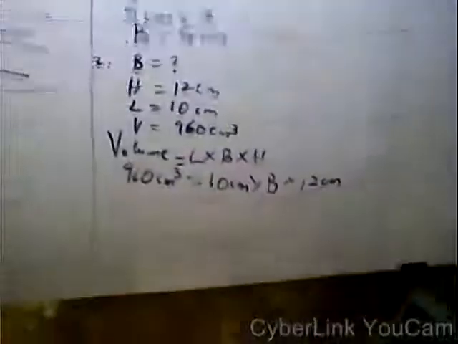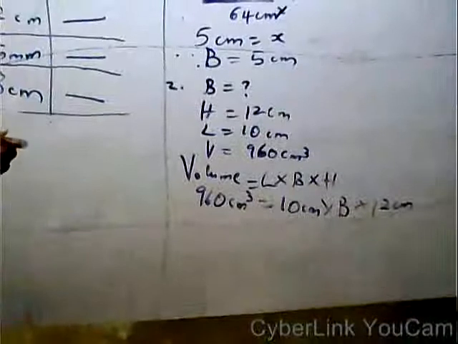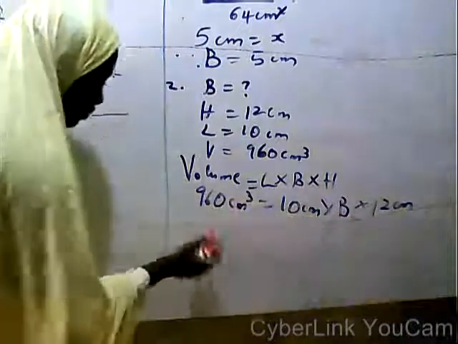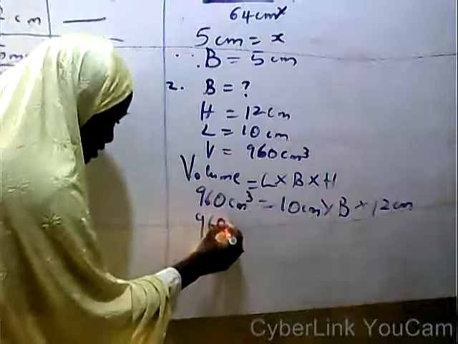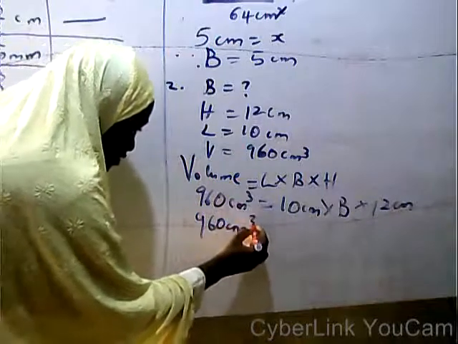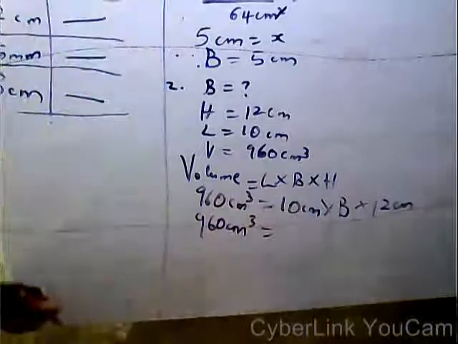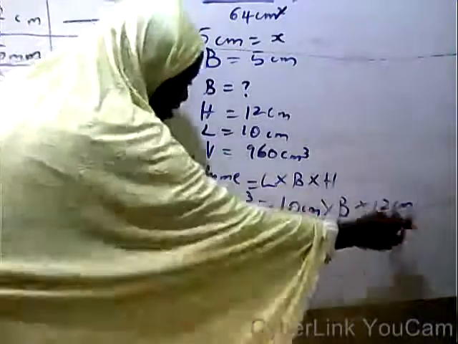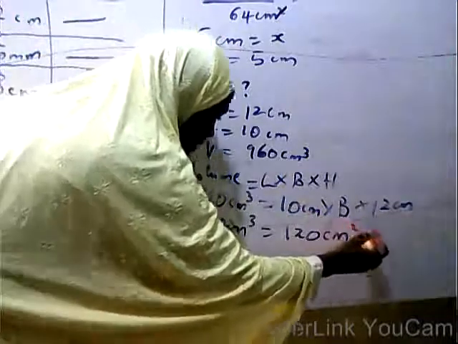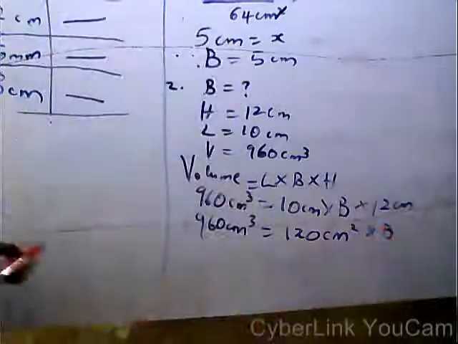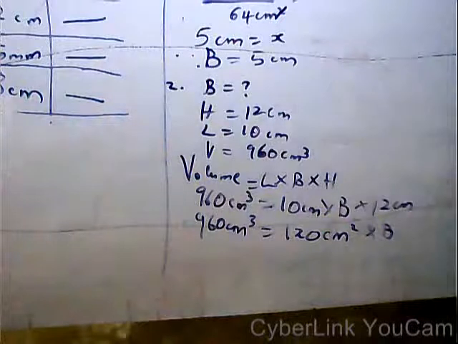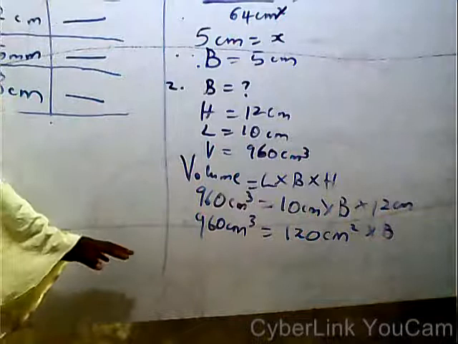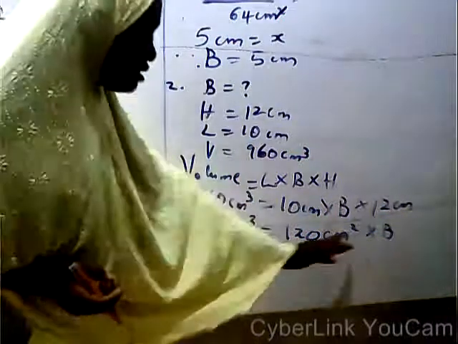Now, just like the way we did that one, we multiply 10 by 12. Repeat this one, 960 centimeter cube. 10 multiplied by 12 will give us 120. Centimeter times centimeter here will be centimeter square, multiplied by our base. Now, to make our base the subject of the formula, we are going to divide through by 120 centimeter square.